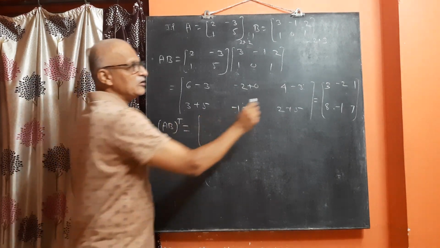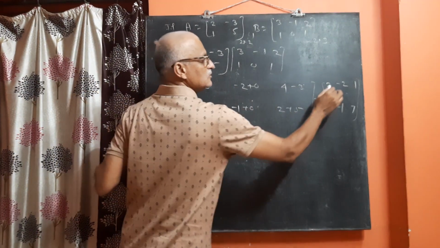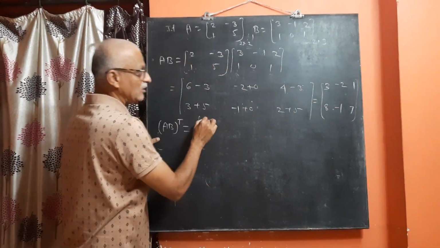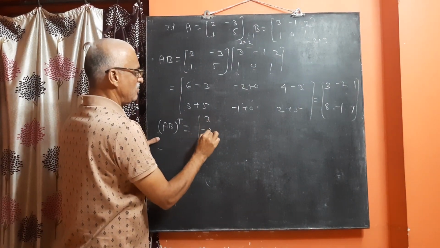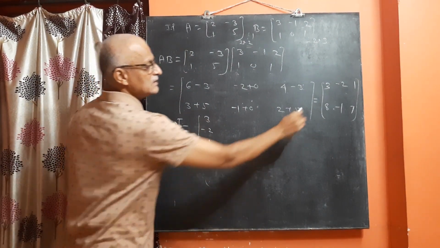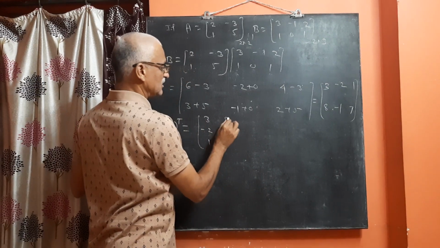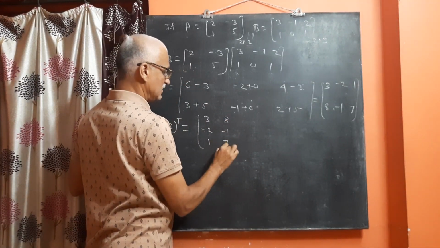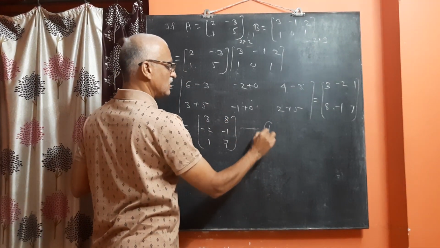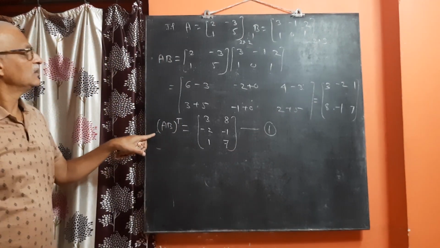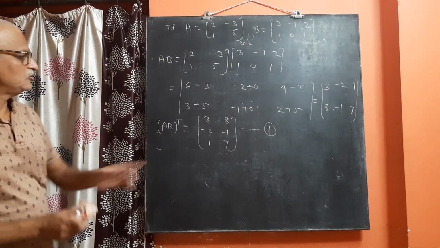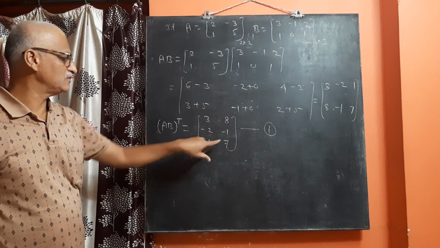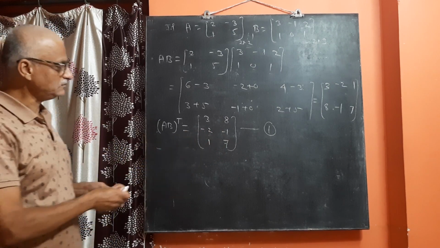Transpose of AB means you have to convert the rows into columns. So this first row you write as the first column: 3, minus 2, 1. The second row we write as the second column: 8, minus 1 and 7. This is equation number 1. You have got transpose of AB equal to [3 8; -2 -1; 1 7].